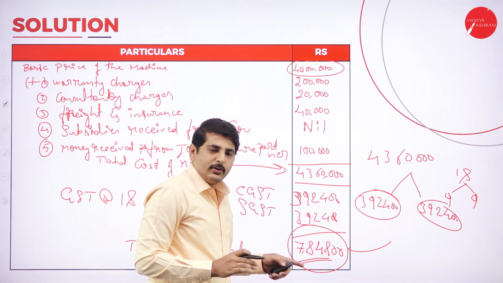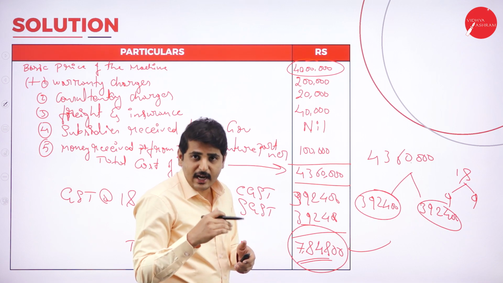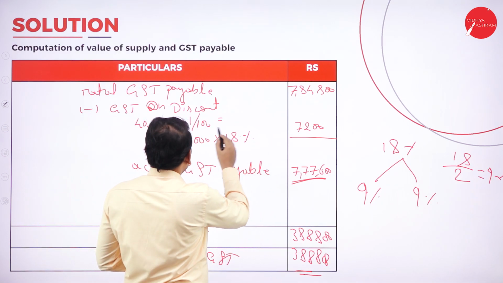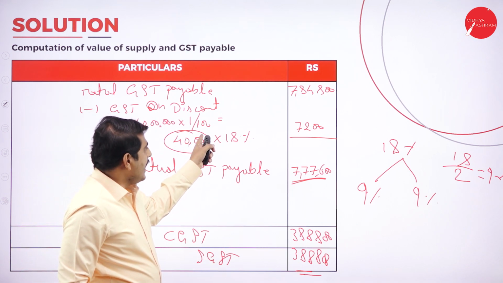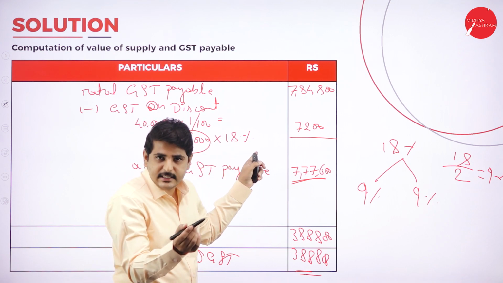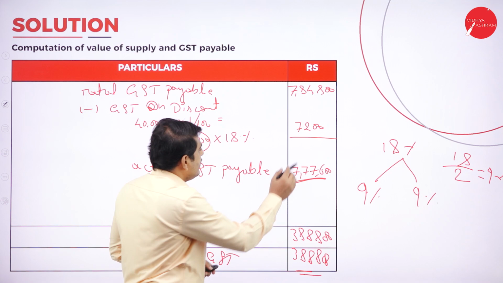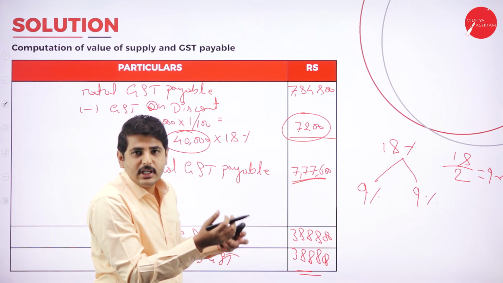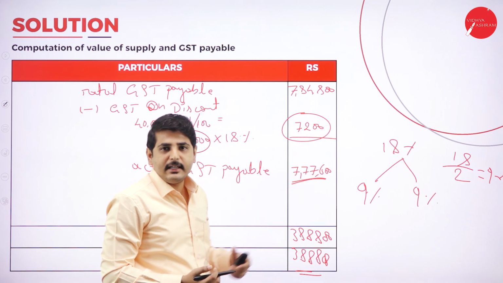Now what he will do: he will pay the tax to the government, and whatever discount he allowed, like here he has given the discount of 40,000 rupees, on this amount GST is included in the problem. So whatever GST he has paid on the discount, he will get back from the government or the tax authority.